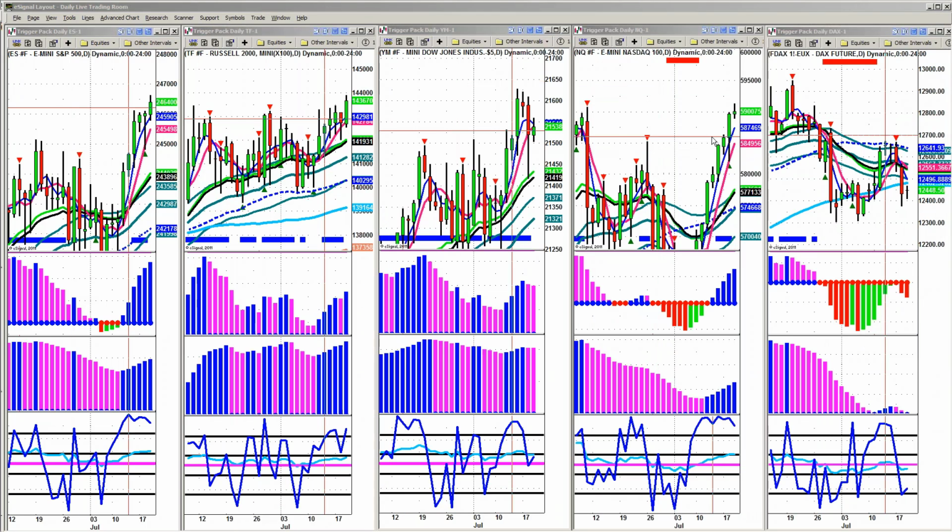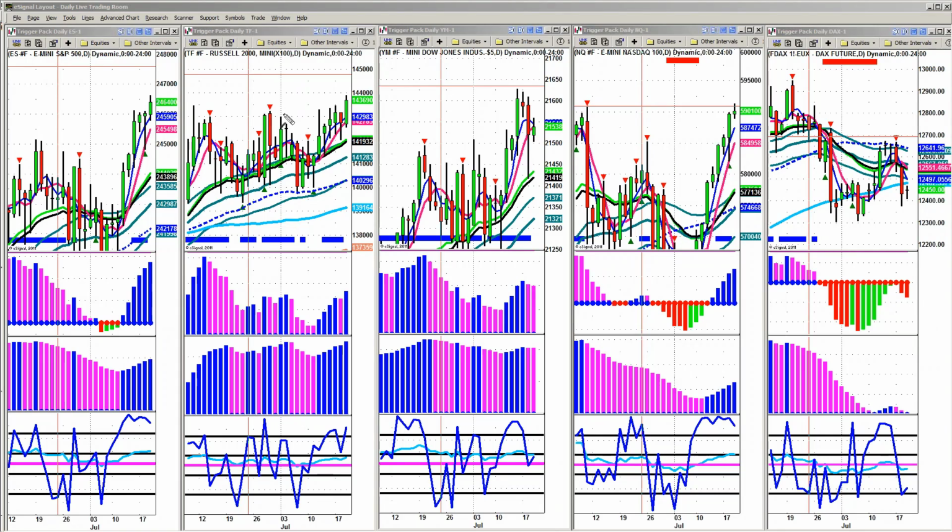Now, getting back to this, what I'm focusing on here, does anybody see a lot of consistency between the stock indices? Let's just do the math on these. We have one that's very bullish, that's the S&P. The Russell is very bullish. We have the Dow that, while it's an uptrend in the backdrop, is below resistance.